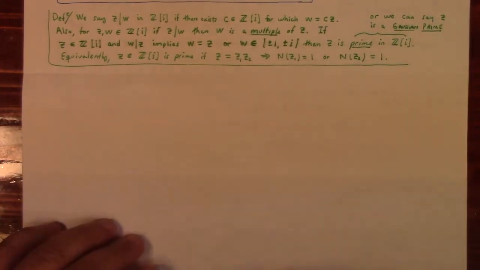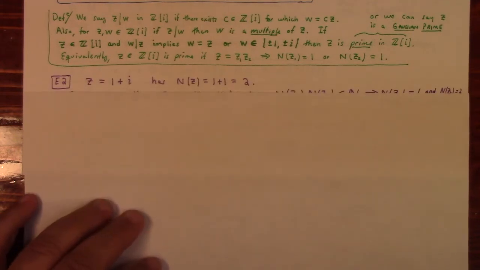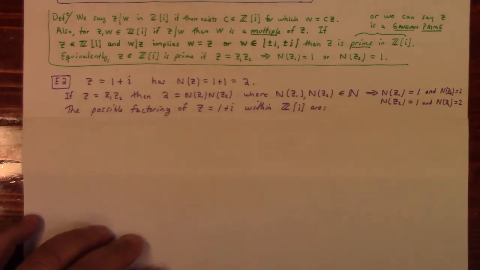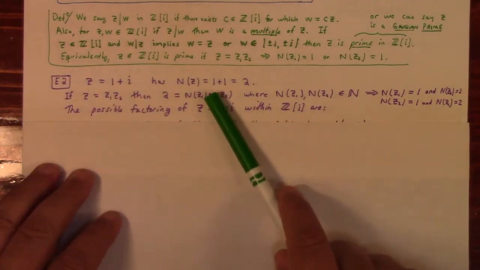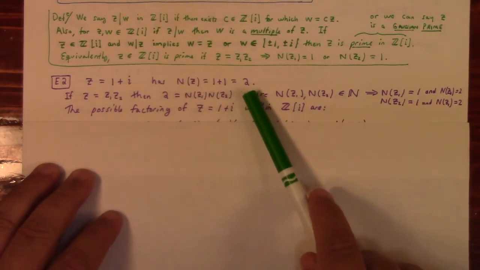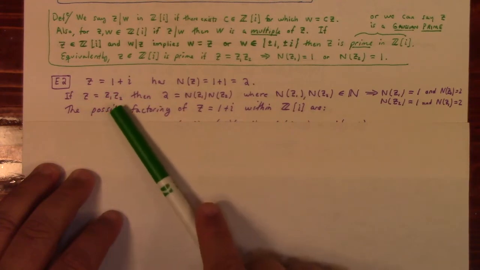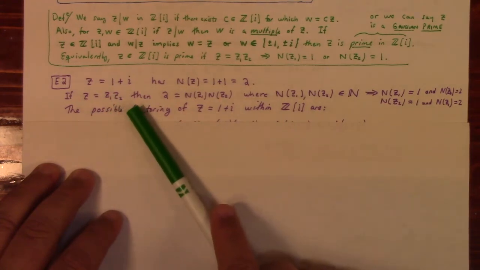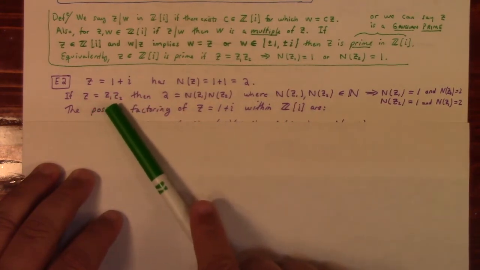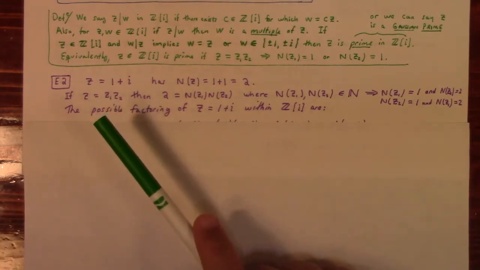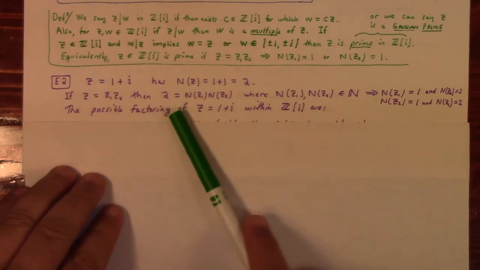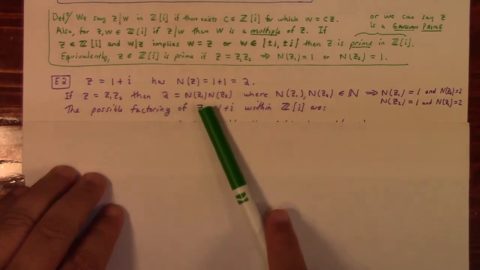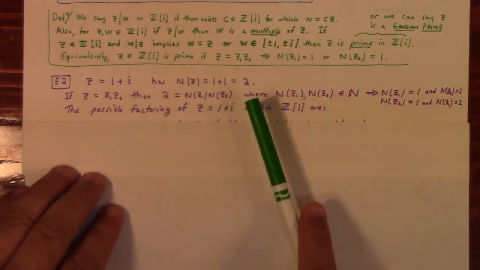Okay. So, for example, 1 plus i has the norm of z is 1 squared plus 1 squared, which is 2. And if you think about a factoring of 1 plus i into z1 times z2, then we'd have 2 is equal to the norm of z1 times the norm of z2, all right?